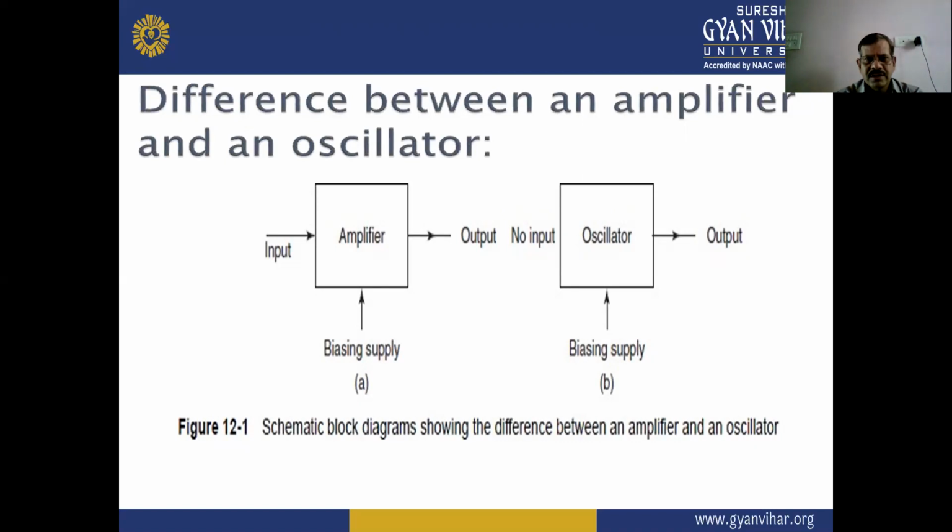In an oscillator, there is no input signal, only a biasing supply is applied, and we can measure the output at the output terminal of the oscillator. So in this oscillator there is no input signal applied.